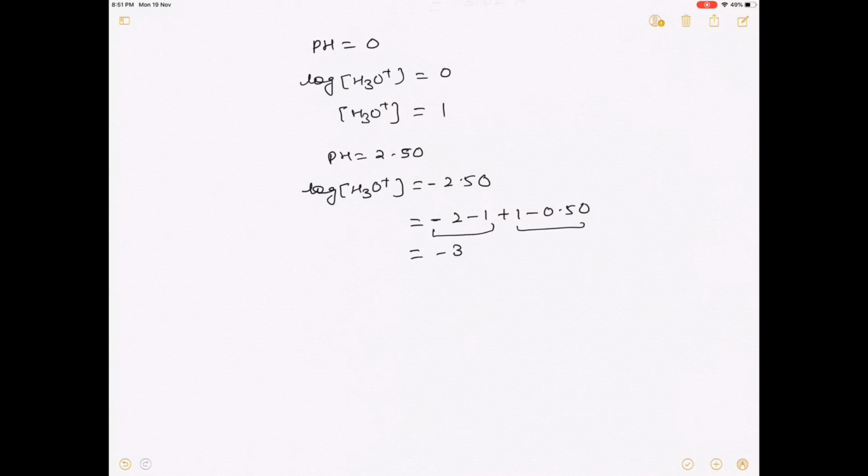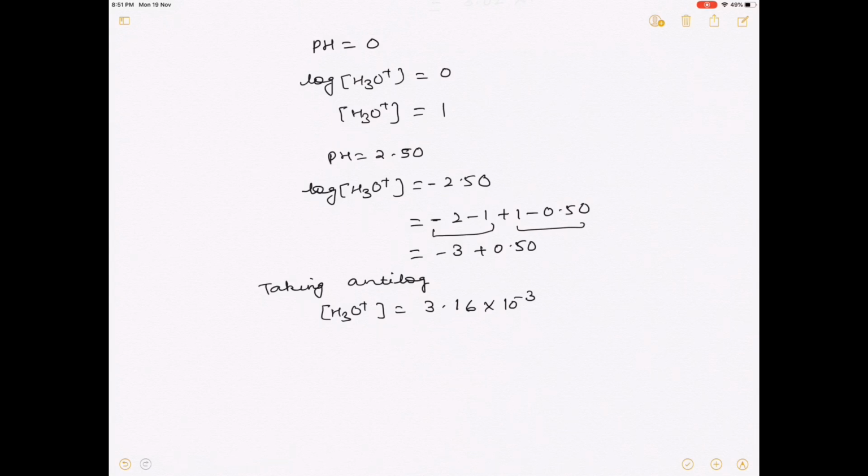This will be 0.5. Take the antilog of 0.5. So the hydronium ion concentration will be 3.16 times 10 to the power minus 3. So isn't it very simple to find the antilog, right?